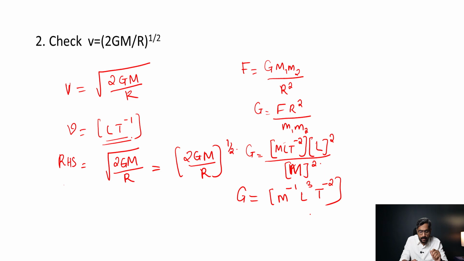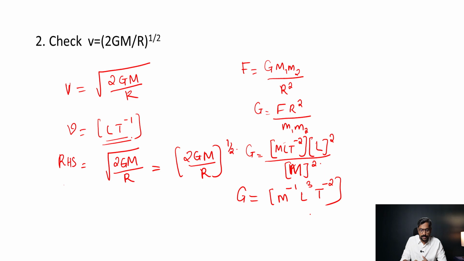So L square divided by, what is m1 and m2? It's masses. So we can say kilogram. There's no need of writing kilogram. M square. From there, we'll get a point, that is, if I'm taking this m from the denominator to the numerator, it will become negative sign, and plus 1 is there.